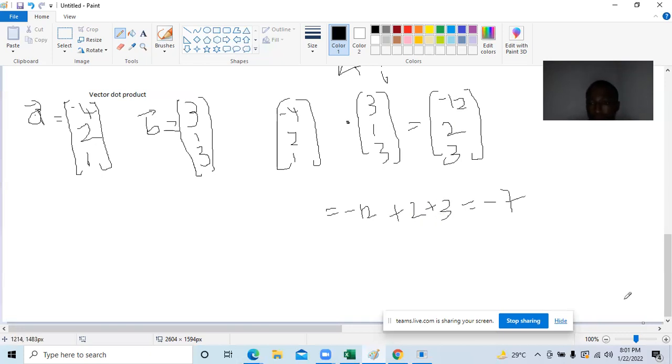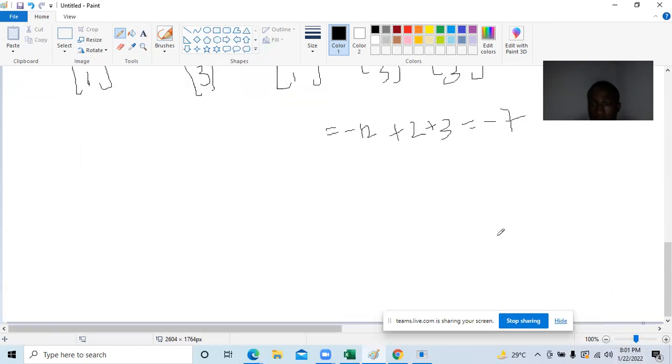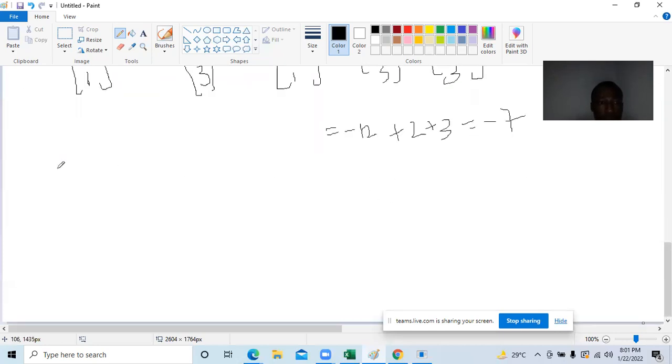Let's take one more example. Let's do vector A dot vector A. Vector A is minus 4, 2, and 1.